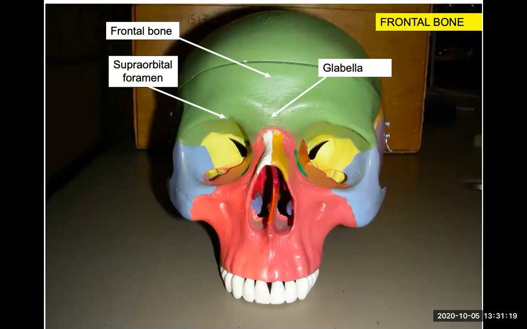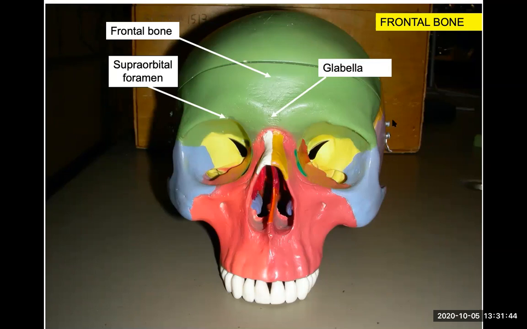Now, going forward, I do want you guys to notice the difference between the name of the bone versus the name of the structures on the bone. For instance, if you're looking at this picture, what is depicted in green is your frontal bone. But the frontal bone itself has markings or structures that are present and easily identifiable.